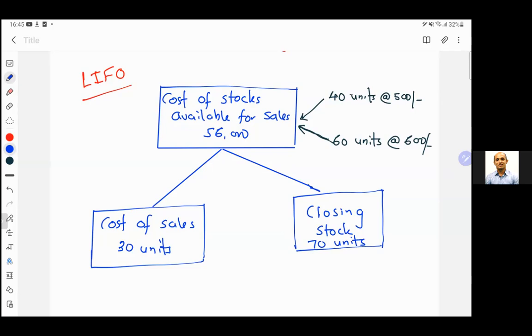Now apply the LIFO method and find out how much is cost of sales and how much is closing stock. Quickly find out.